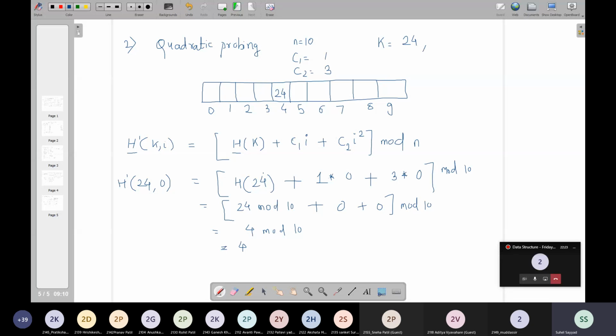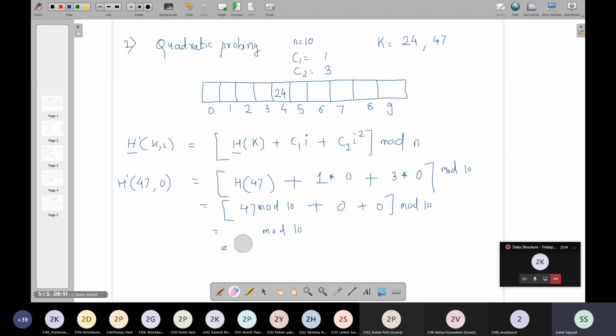Okay. So suppose now I take the next key value as 47. So what will be the next thing that I solve? 47 comma 0. So this will be h of 47 plus 1 multiplied by 0 plus 3 multiplied by 0 mod 10. So this will be 47 mod 10.